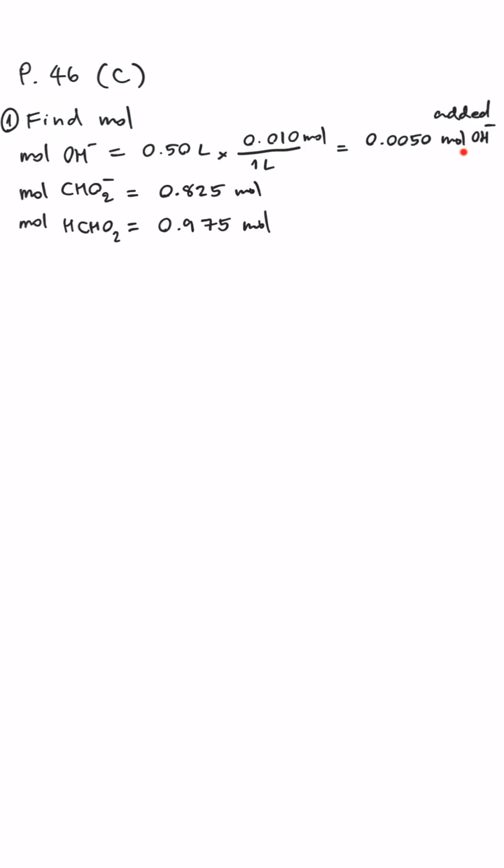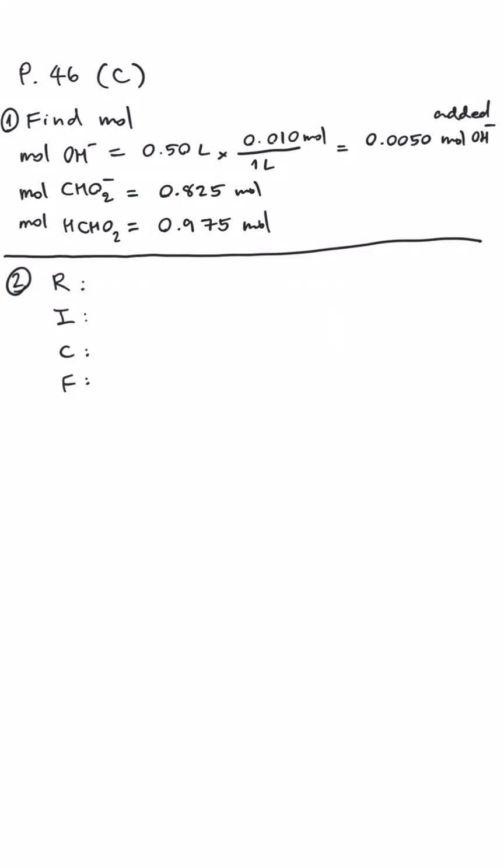And because we are going to add this hydroxide ion to the original buffer, and we already calculated the original buffer mole of weak base and weak acid, here are the number of mole of those that we calculated from the previous section. Next is to write out the neutralization reaction and set up the RICF table.